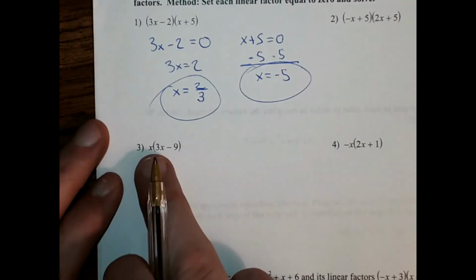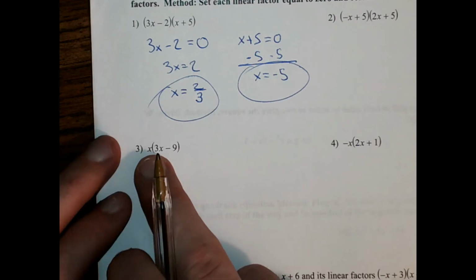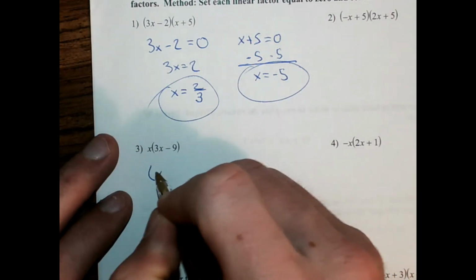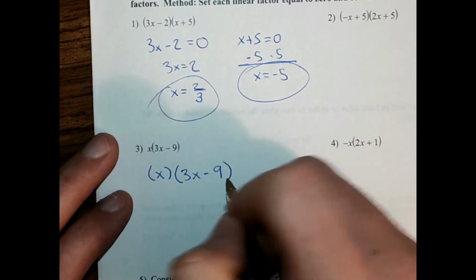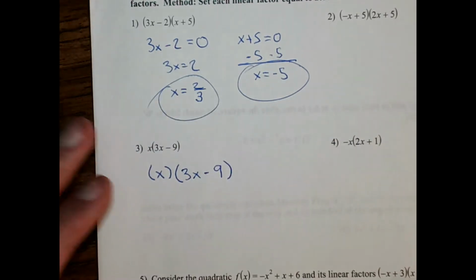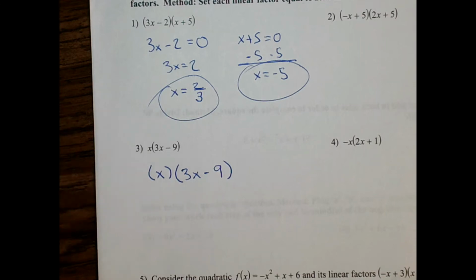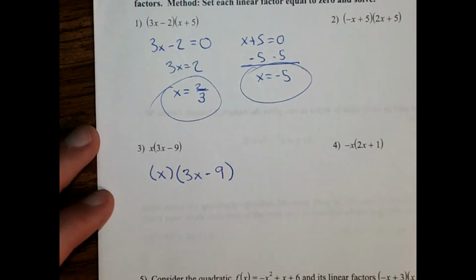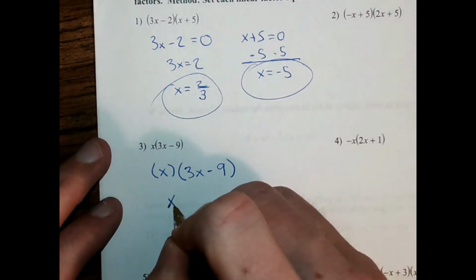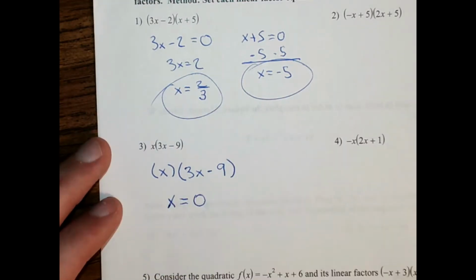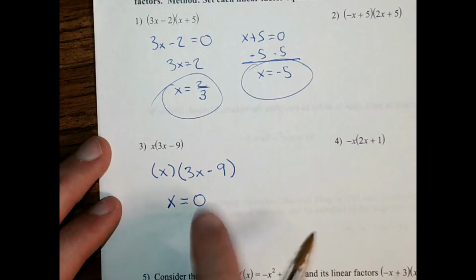And then number 3, very much the same. It might help to rewrite the problem like this. Your inclination might be to distribute, but I've already given you the linear factors. So your job is just to set each linear factor equal to 0 and solve. There's the first linear factor, set equal to 0 and solved.